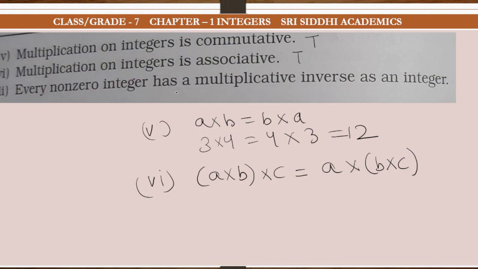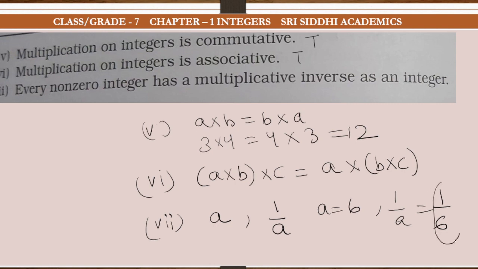Now 7. Every non-zero integer has a multiplicative inverse as an integer. That is again not true. Why? Because we just discussed, for every non-zero integer a, the multiplicative inverse will be 1 by a. So for a equal to 6, 1 by a is 1 by 6. 1 by 6 is a fraction.